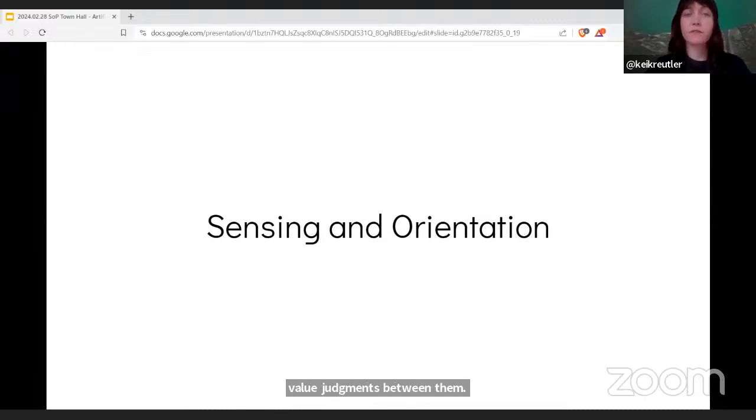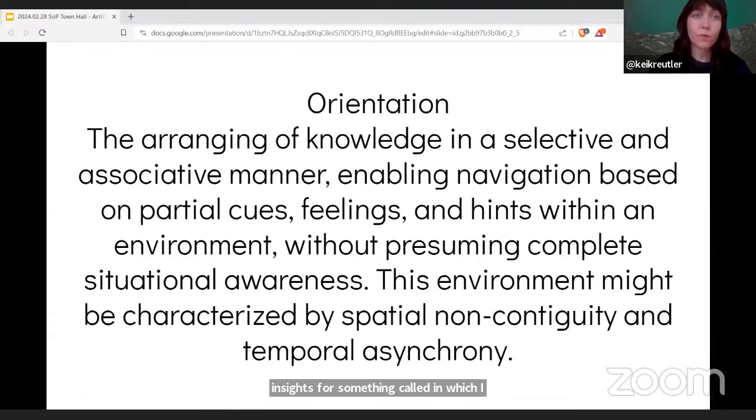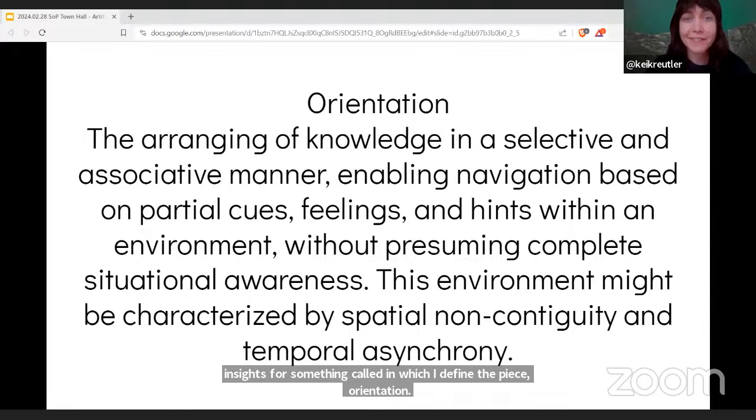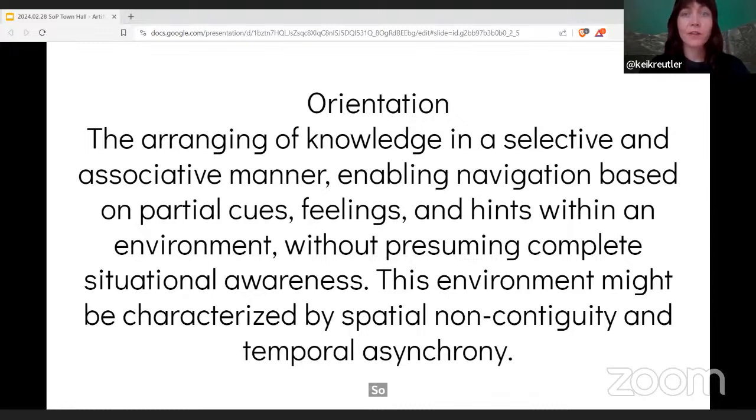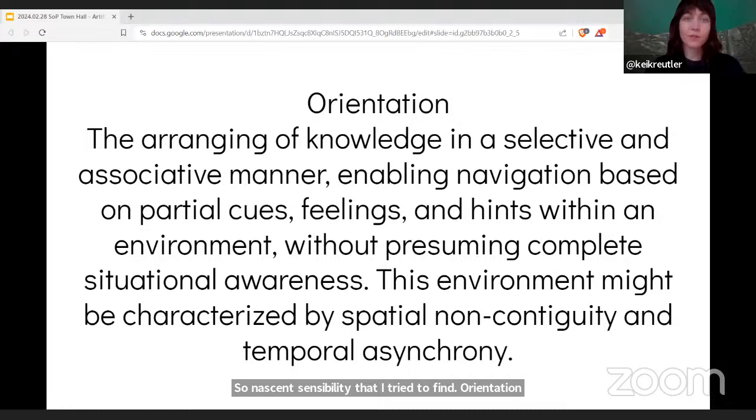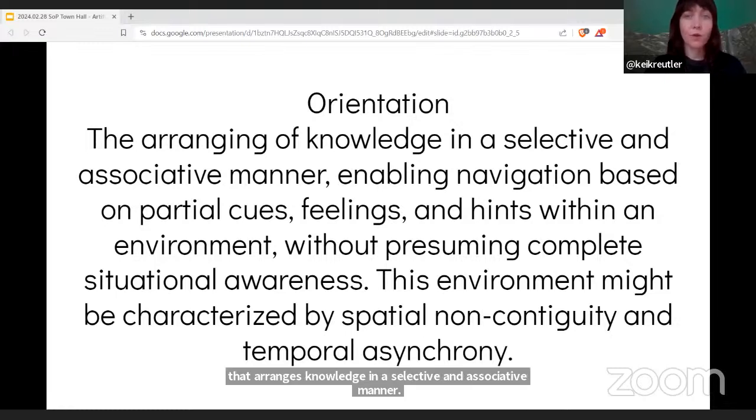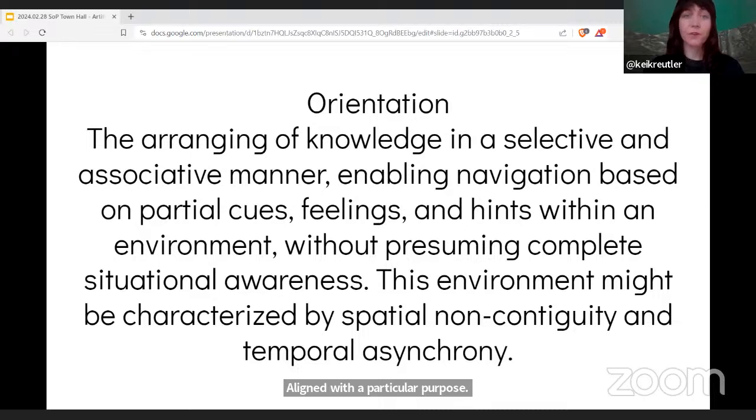Instead, in trying to define this sensibility, it's about appreciating how artificial memory protocols embrace associative arrangement and offer insights for something I define in the piece as orientation. It's a nascent sensibility that I tried to find. Orientation can be understood as a form of situational awareness that arranges knowledge in a selective and associative manner aligned with a particular purpose. Orientation enables navigation based on partial cues, feelings, and hints within an environment without presuming complete situational awareness.